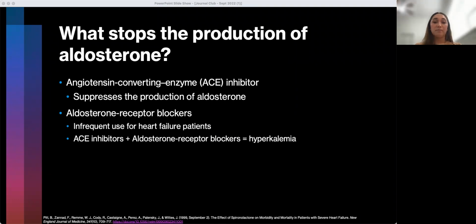And also in patients with baseline serum potassium levels higher than 5 millimoles per liter. That's why they're not used as frequently. But the conjunction of ACE inhibitors as well as aldosterone receptor blockers can lead to hyperkalemia, or increased potassium levels, which we don't want. Next slide, please.